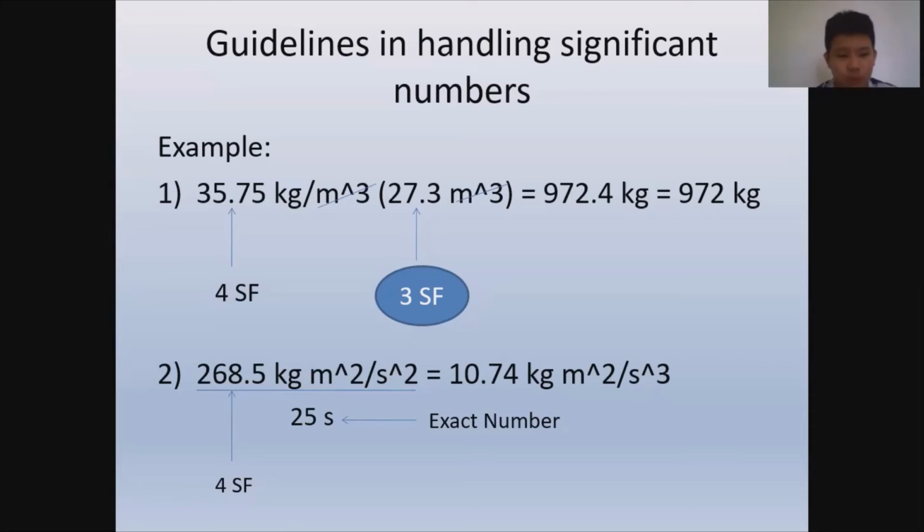Because 25 seconds is an exact number. It's not a significant number. So we must use 4 significant figures because 268.5 has 4 significant figures. So the final answer is 10.74 kilometer squared per second cubed.